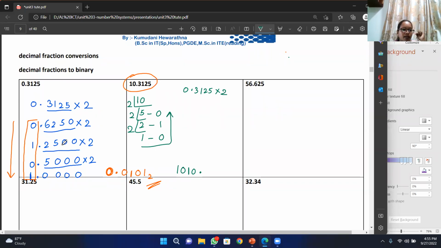The same way as the first one you can do, and you can take the answer as 0101. This is the final answer you have to take.